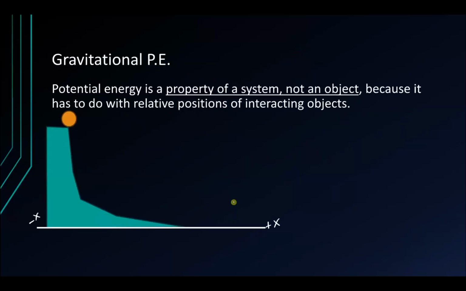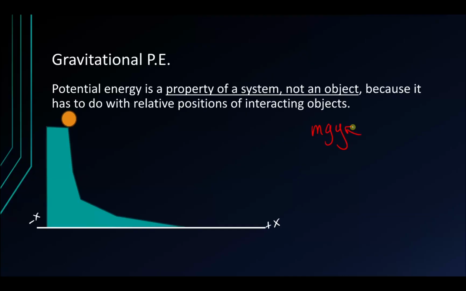So potential energy is actually a property of a system, not an object. Kinetic energy is the property of an object because an object has velocity, but an object doesn't have a location, an mgy, right? We need a location, unless this location is relative to something else.